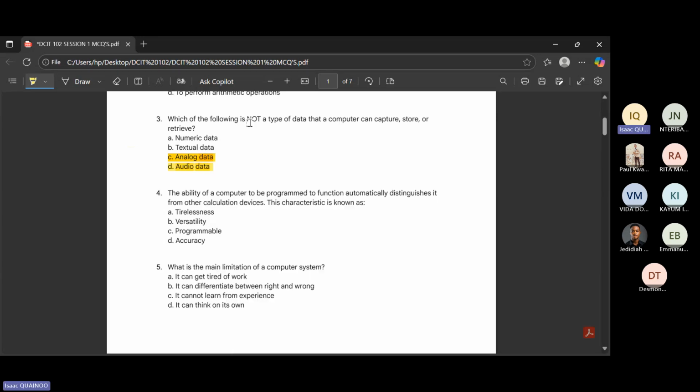Let's continue. So question 4, the ability of a computer to be programmed to function automatically distinguishes it from other calculation devices. This characteristic is known as, we discussed this in the last section.